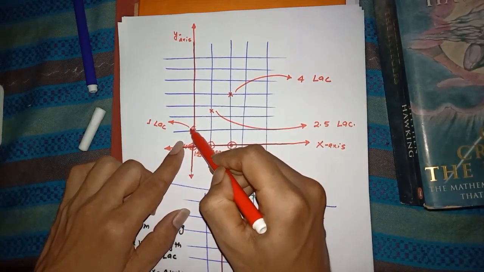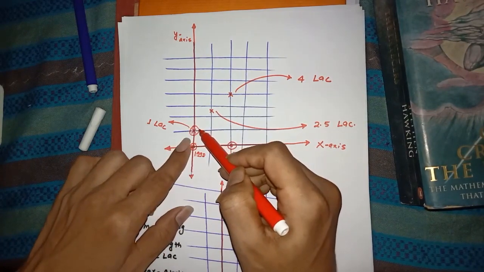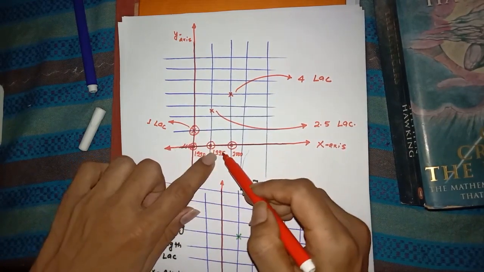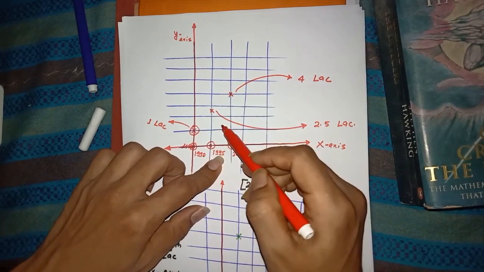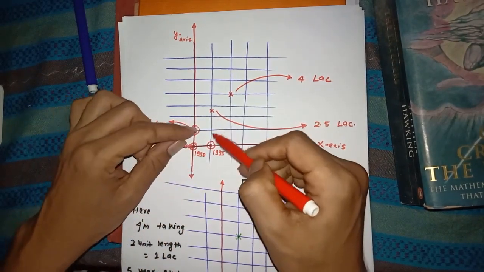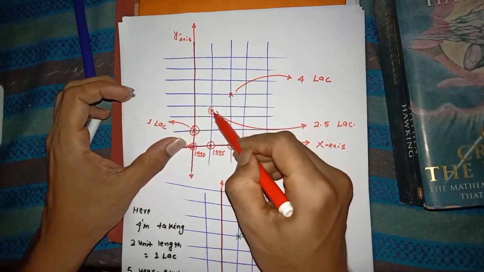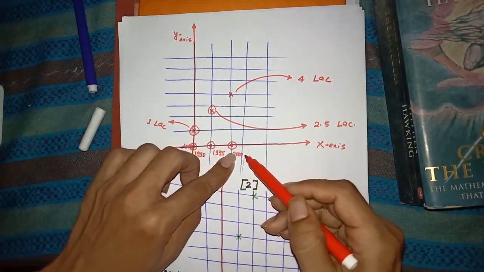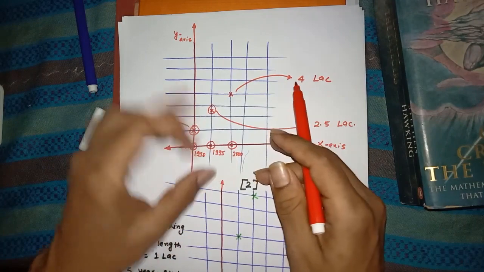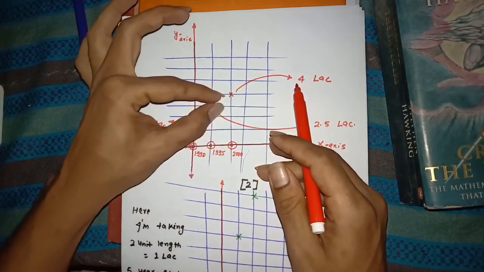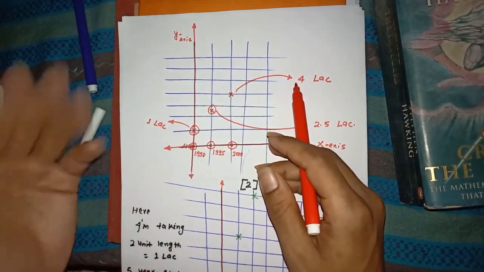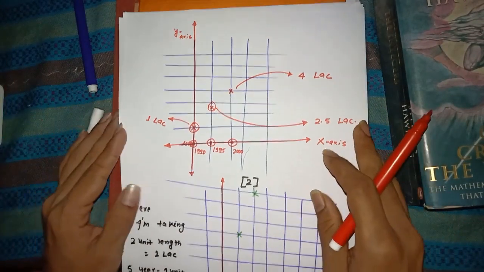At 1990 my coordinate point is here, because in 1990 my expenditure is 1 lakh, and in 1995 my expenditure is 2.5 lakh. That means here 2 lakh and here 2.5 lakh. In 2000 my expenditure is 4 lakh, that means 4 unit length is equal to 4 lakh.